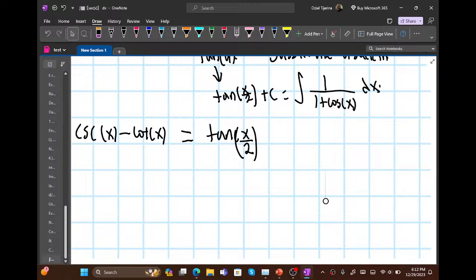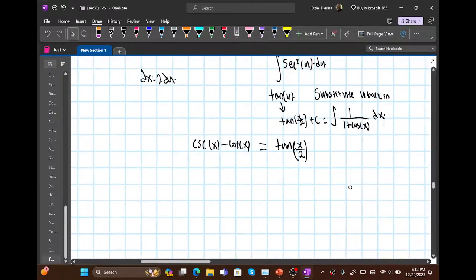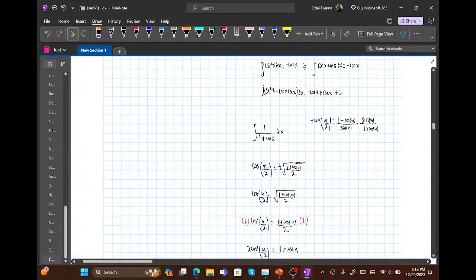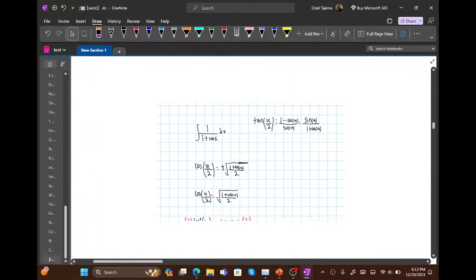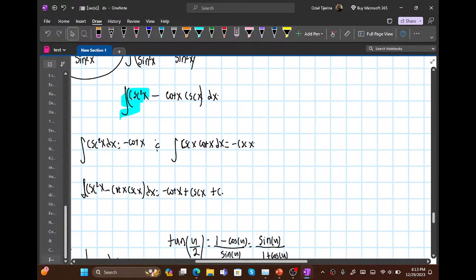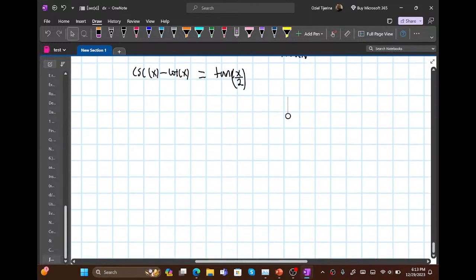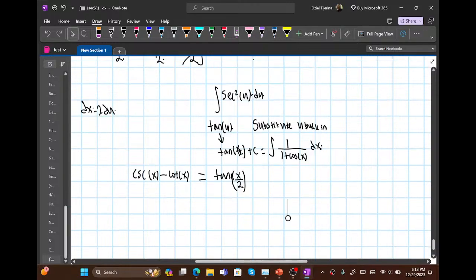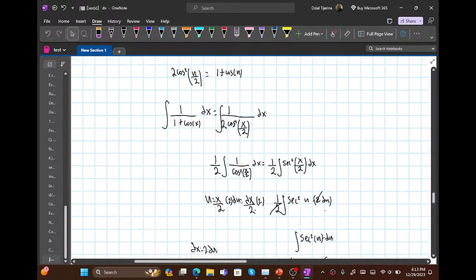How am I gonna do this one? Gotta scroll up to my answer. Right. Cosecant minus cotangent equals tangent of x over 2.